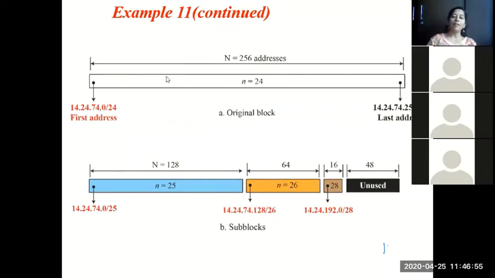Because we did the address allocation considering the largest block first. Largest block was allocated the addresses first, then the next largest, then the next largest. So out of these 48, it won't be taken as one block as a whole. It will be divided into smaller sub blocks, maybe each of 16 addresses or 8 or 4, whatever you want.